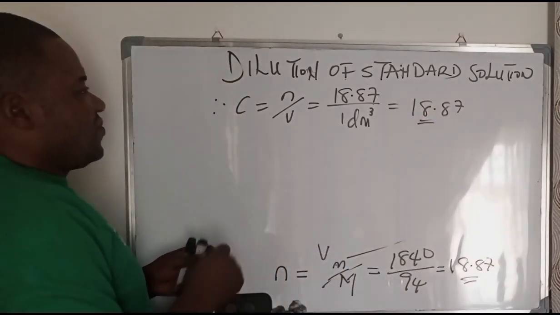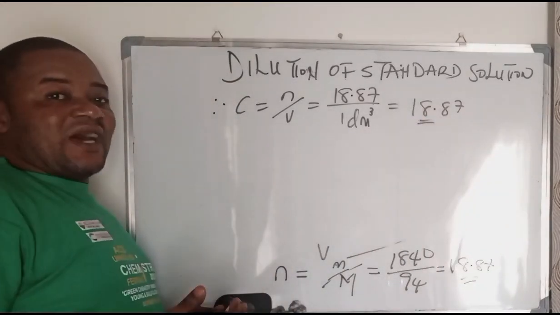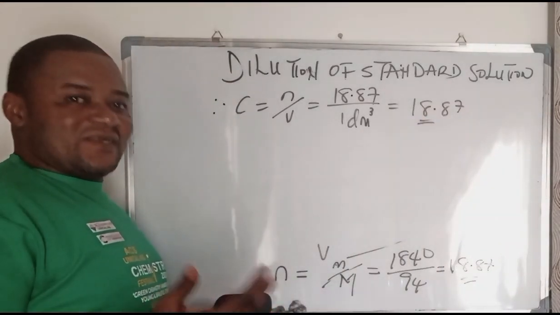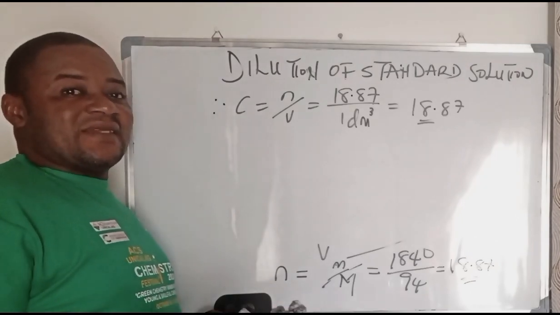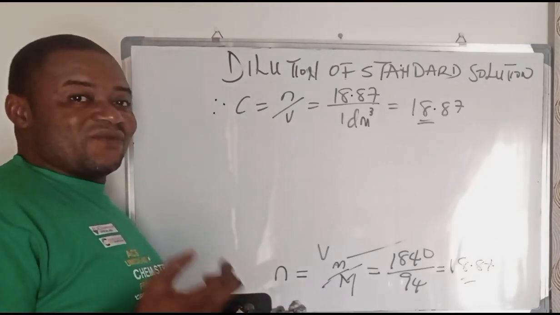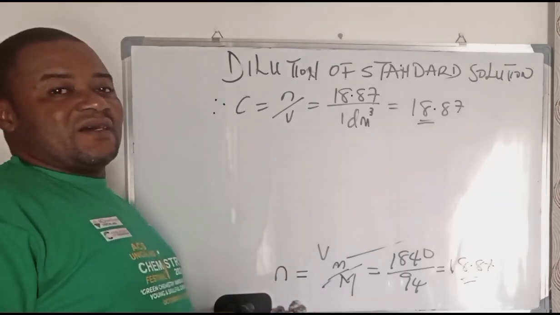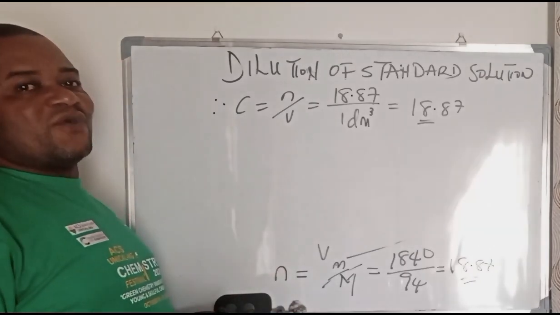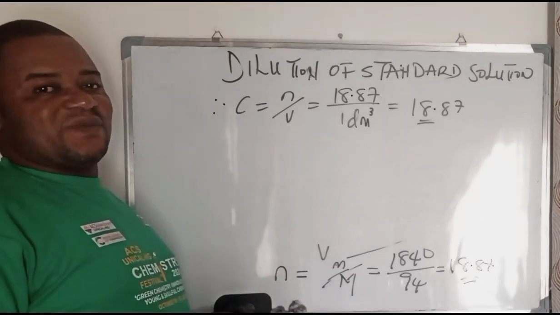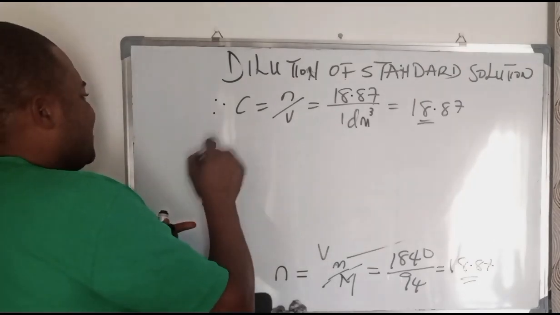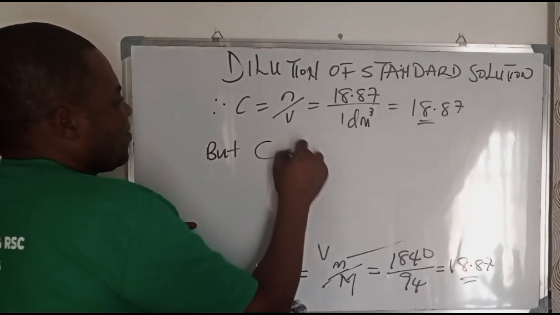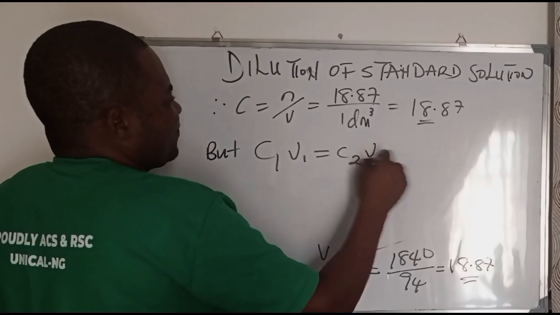Okay, now, with this, we can now go into the understanding of how we can get that particular amount of volume that you can use to calculate or to prepare or dilute 0.2 molar to get 250 mils. But C1V1 is equal to C2V2.